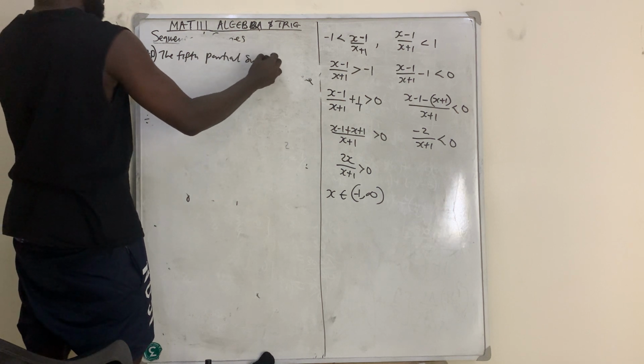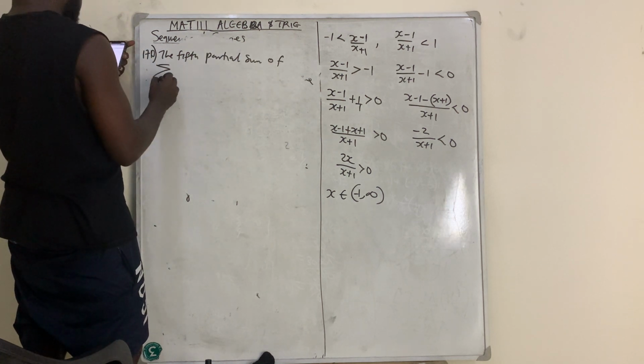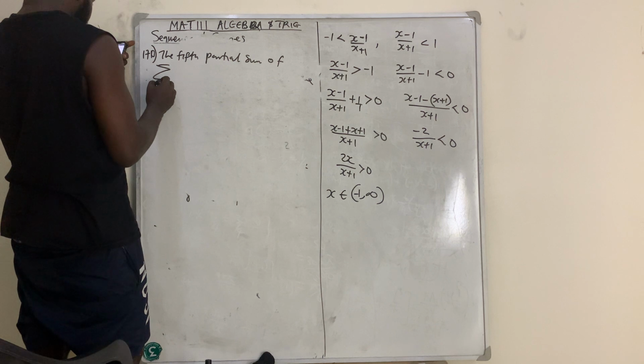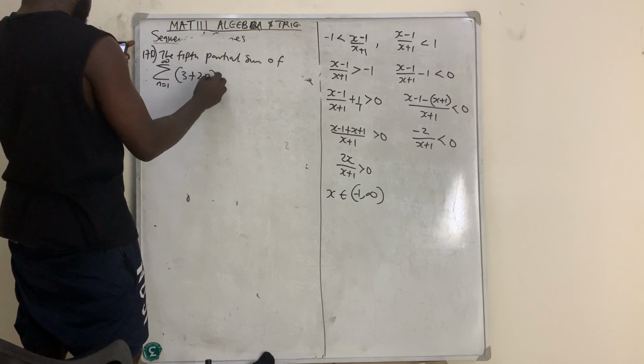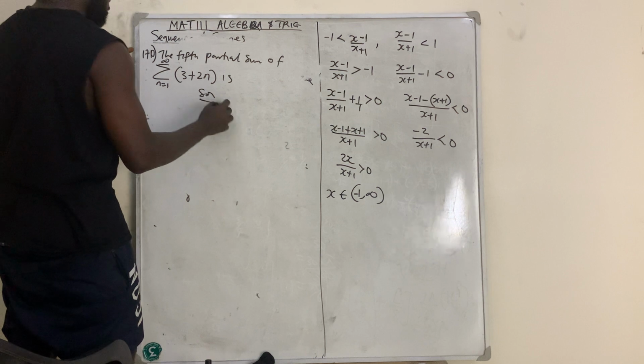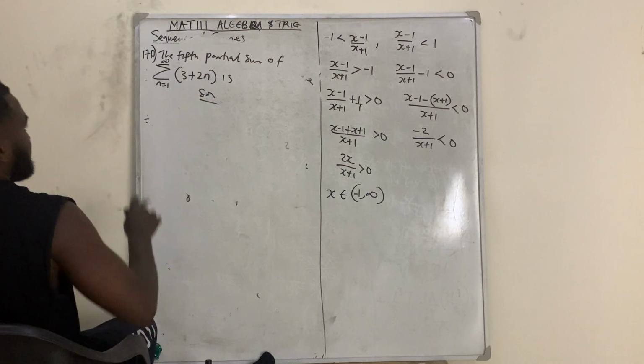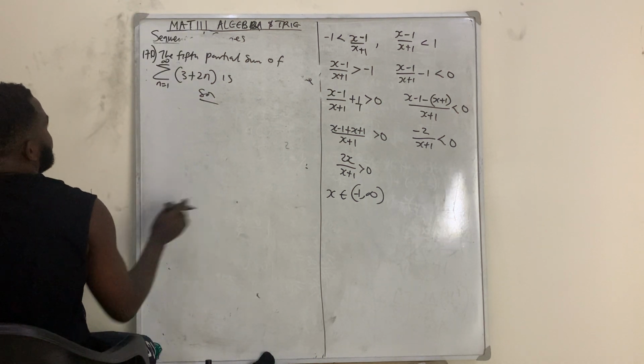the fifth partial sum of the summation of n starting from 1 to infinity of 3 plus 2n. Solution. The fifth partial sum means just putting n till you get to the fifth one.